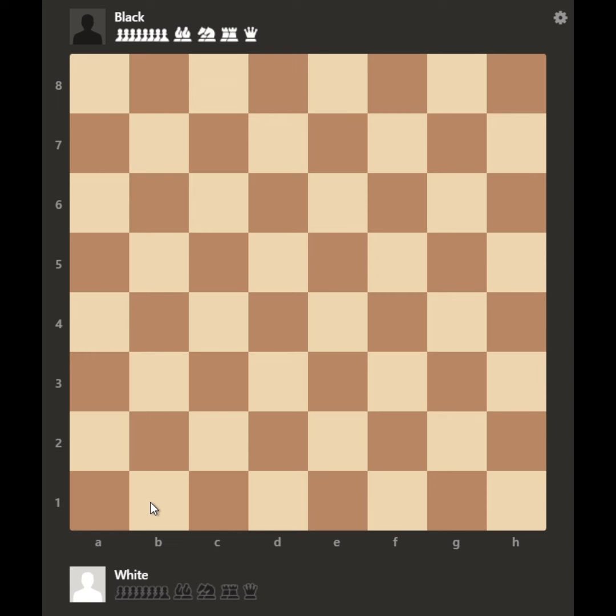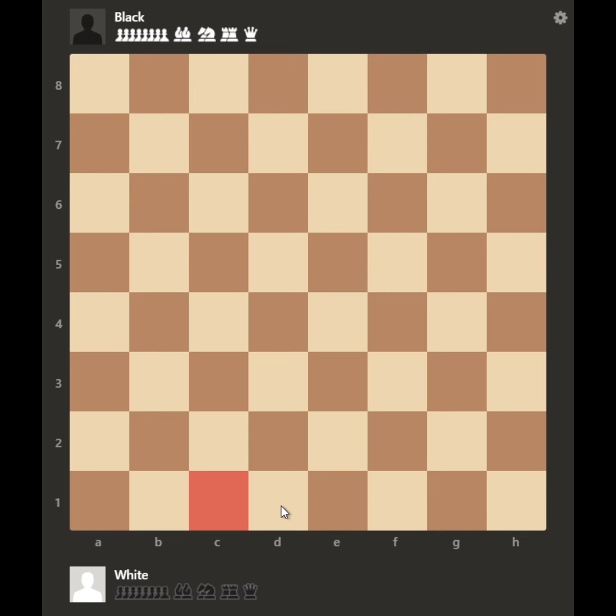Similarly, this square is b1 because it is in the b file and rank is 1. And the next square is c1, it is in c file, first rank. In the same procedure you can find out the notation of the remaining squares.